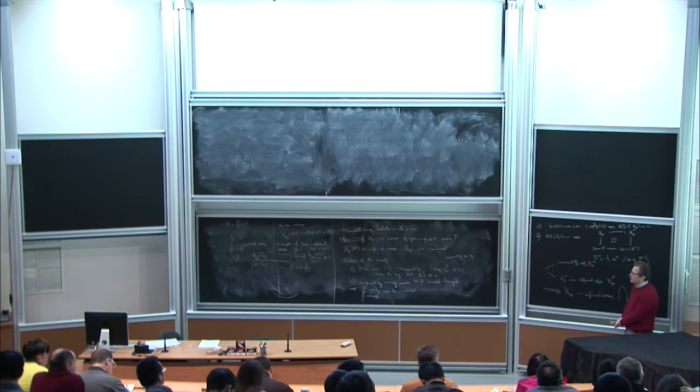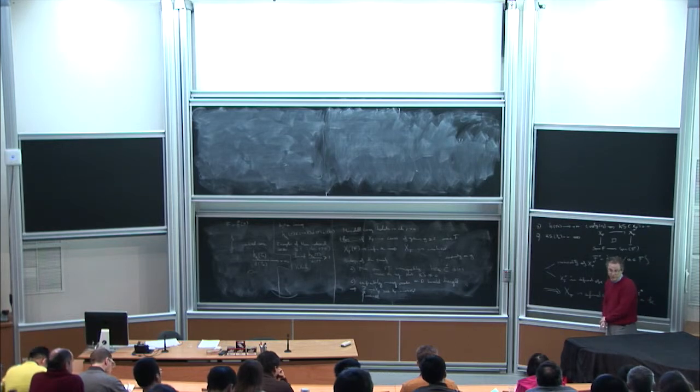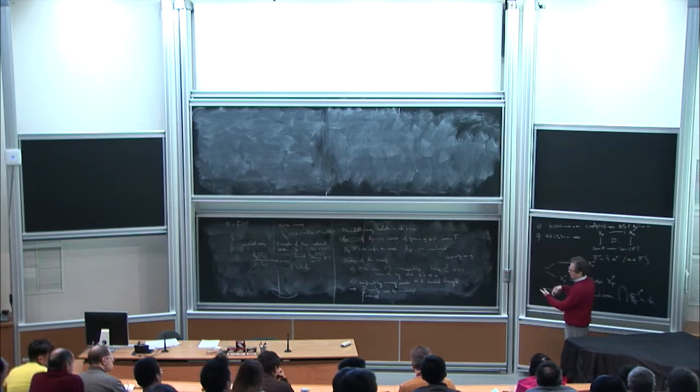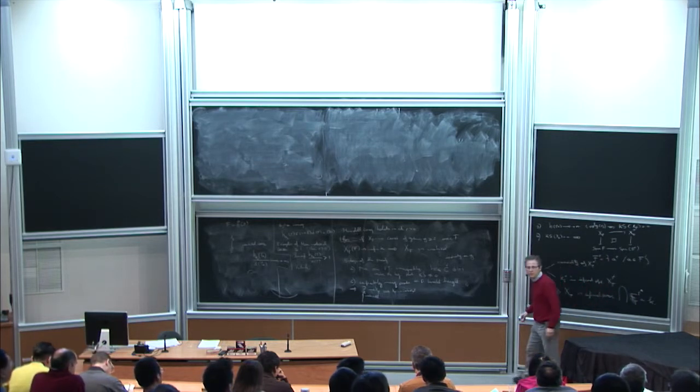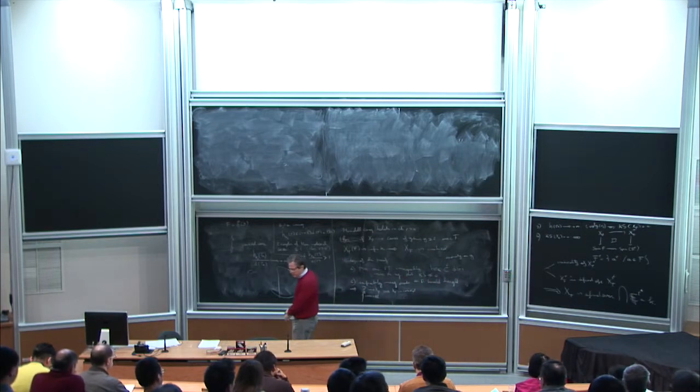I just want to say that recently Rössler and Gillet proved a similar statement for varieties with ample cotangent bundle in characteristic p. And essentially, they did this argument for varieties with ample cotangent bundle in characteristic p.